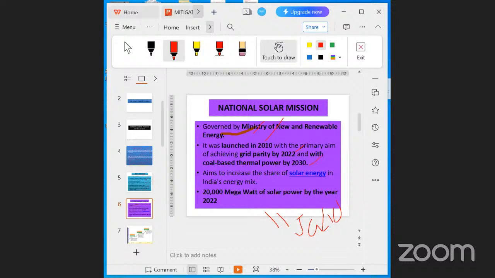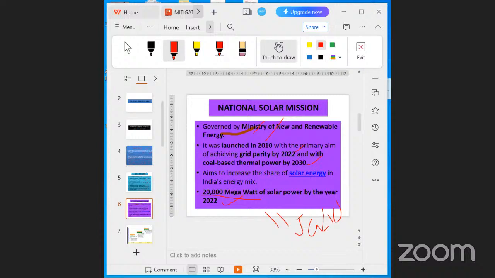So the basic aim of this mission is to promote solar energy, or to promote all types of steps that will definitely help in increasing or harnessing the use of solar energy. So this mission sets an ambitious target of generating how much? 20,000 megawatt of solar power by which year? 2022.